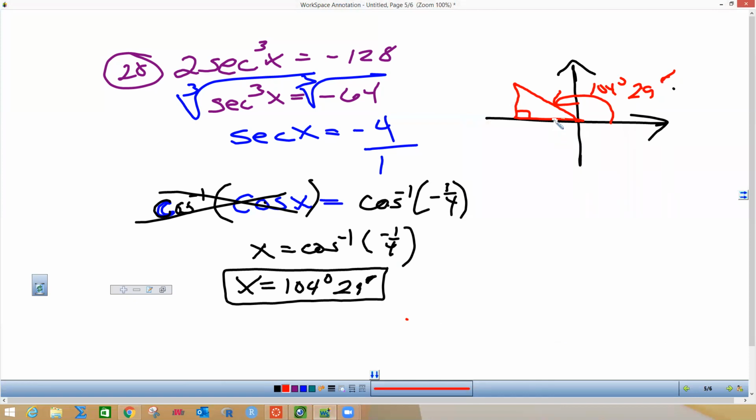Now, this thing right here, -1/4, if you remember, is x over r for cosine, because this is not a unit circle. So this is -1 and this is 4. I don't really care what the hypotenuse is.